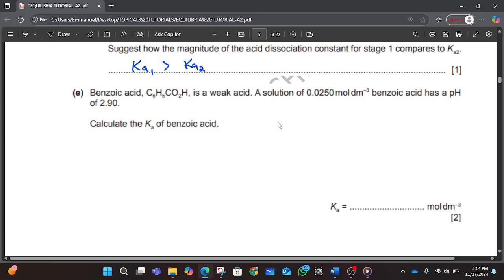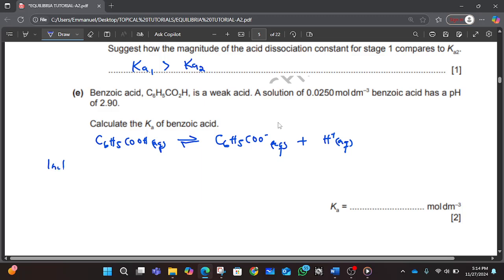Now, when you have a question like this, the first thing to do is to write the dissociation equation of the benzoic acid. So you have C6H5COOH aqueous, and this will dissociate to give us C6H5COO minus aqueous plus H plus aqueous.